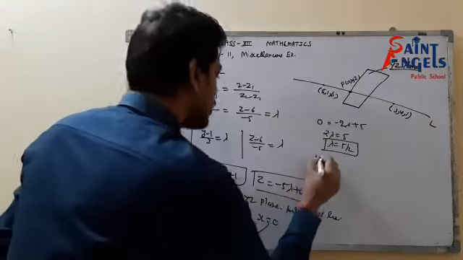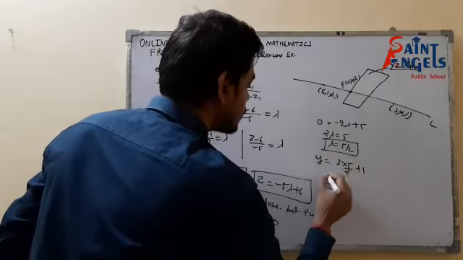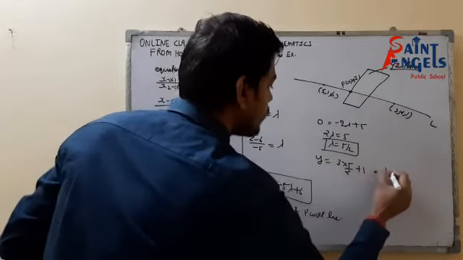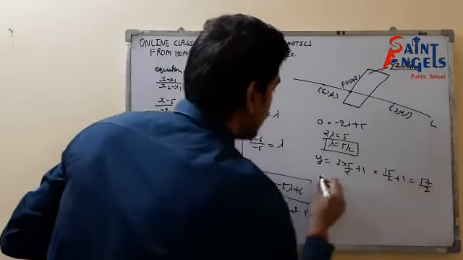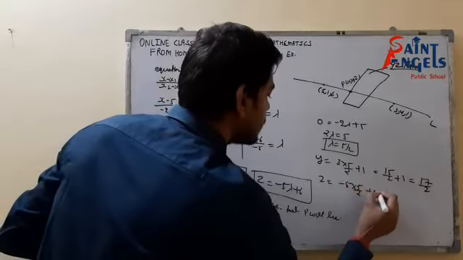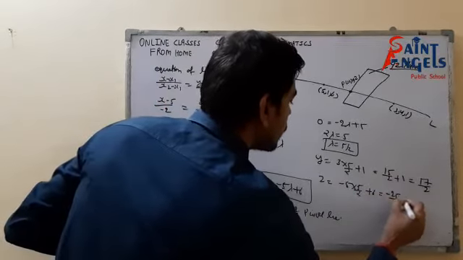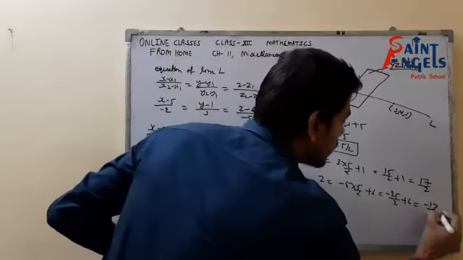So y would be equals to 3 into 5 upon 2 plus 1 equals to 15 upon 2 plus 1, it's 17 upon 2. And z would be equals to minus 5 into 5 upon 2 plus 6, minus 25 upon 2 plus 6, and that would be minus 13 upon 2.